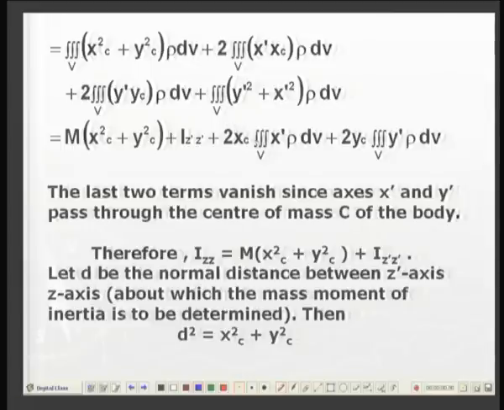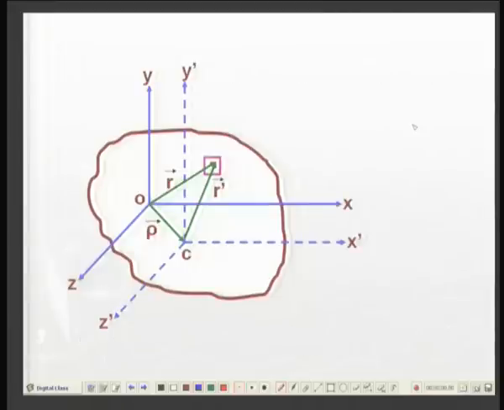are taken out as constants. So twice xc into the volume integral of x dash rho dV, plus twice yc into the volume integral of y dash rho dV. Now by definition, this is the x coordinate of the center of mass in the old coordinate system, that is C x dash y dash z dash, and this is the y coordinate of the center of mass in the old coordinate system. But the old coordinate system, as you can easily see from the figure, is itself located at the center of mass.